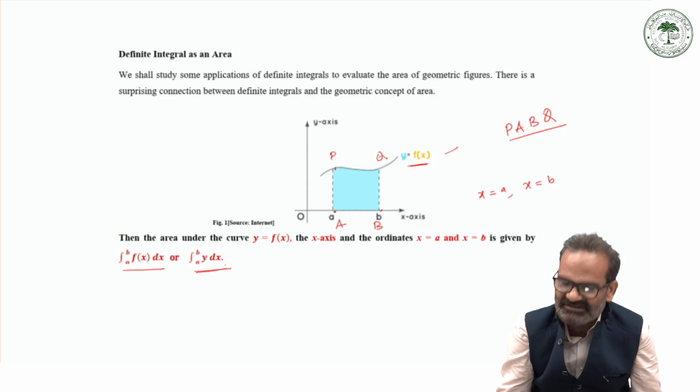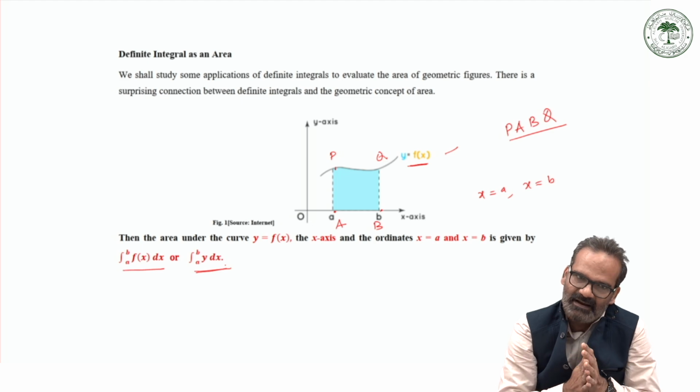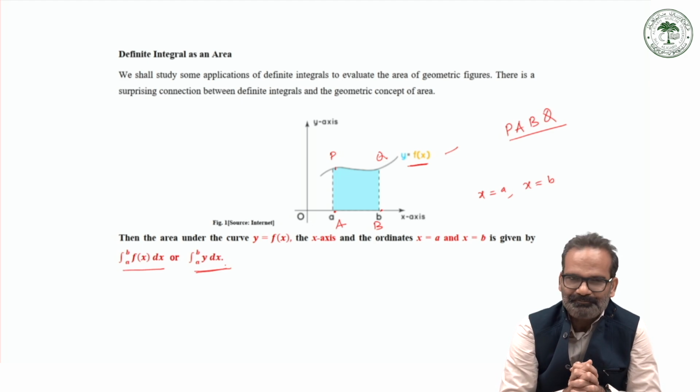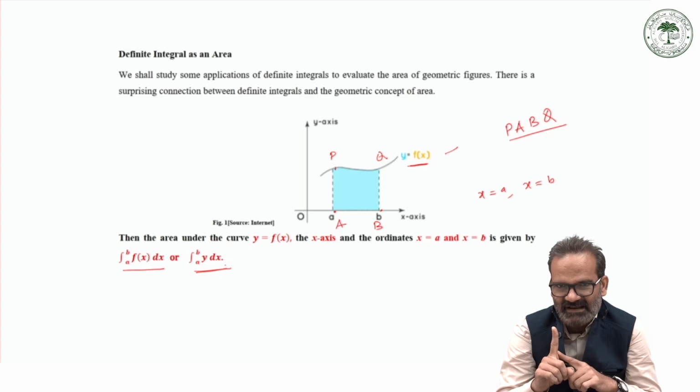Now, before proceeding to the numerical questions, try to understand the formula. How does it work? The area is formed by using three components. We must have a function y equals f(x), which is known as a curve. Second, we must have an x-axis.